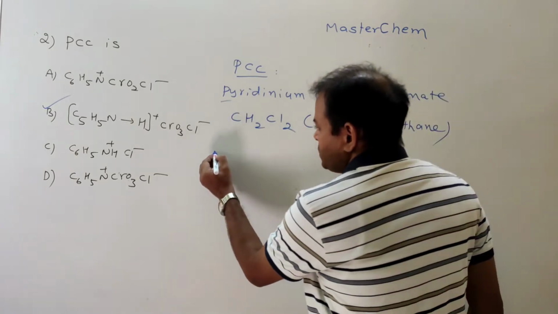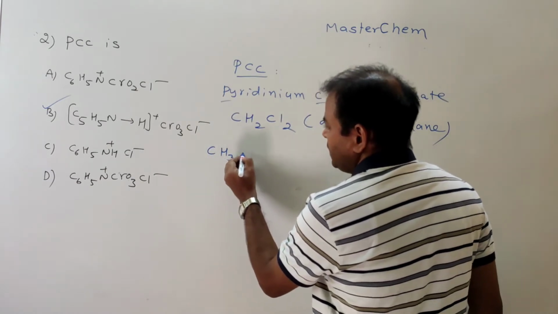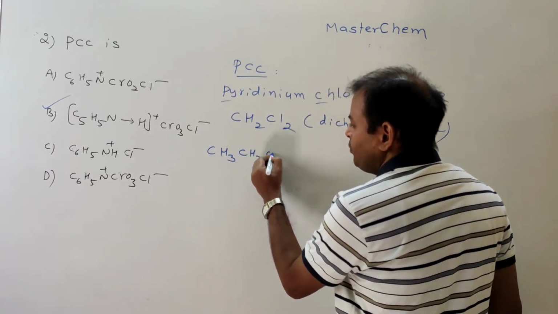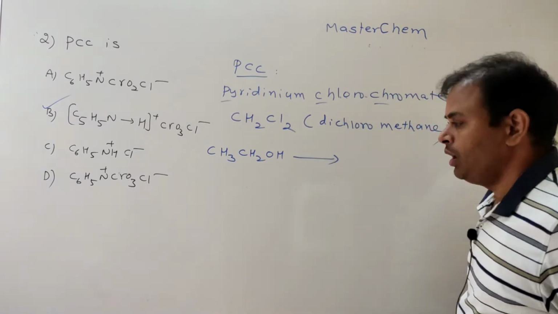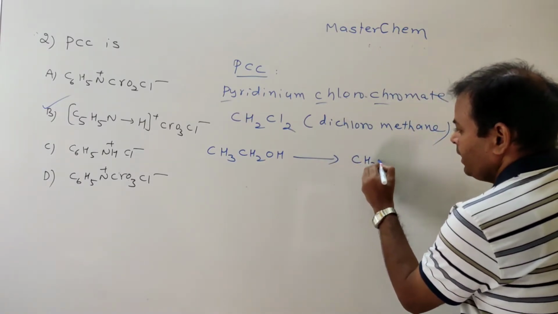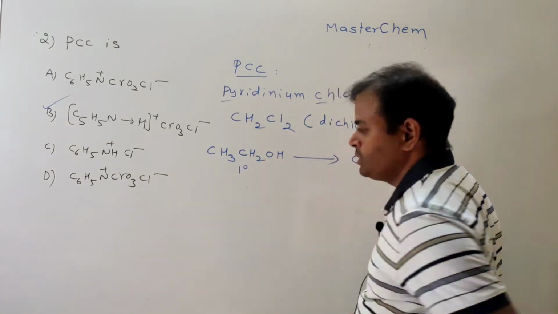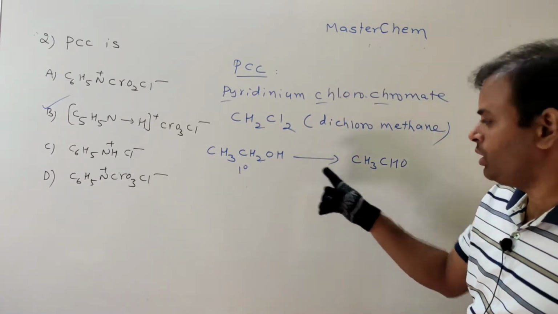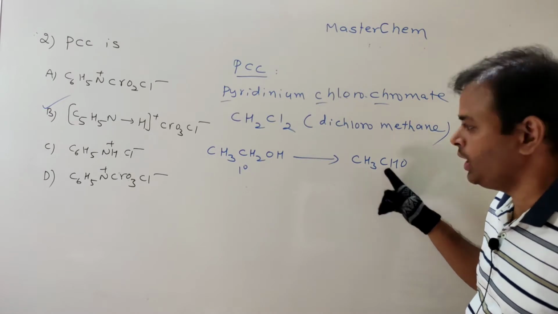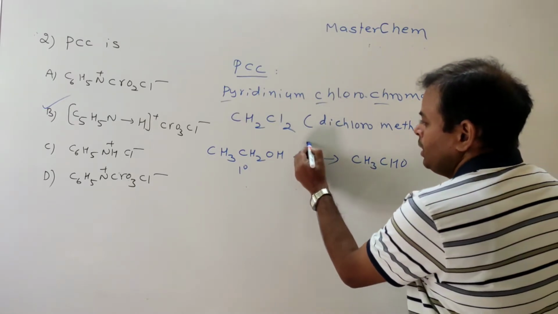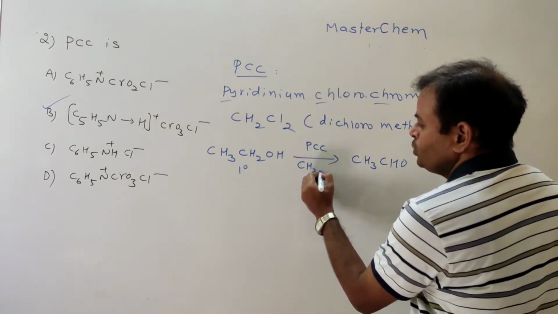For what is it used? That is for the conversion of alcohol to aldehyde. Primary alcohol, ethanol, ethyl alcohol, to acetaldehyde. So for this conversion, PCC, CH2Cl2.